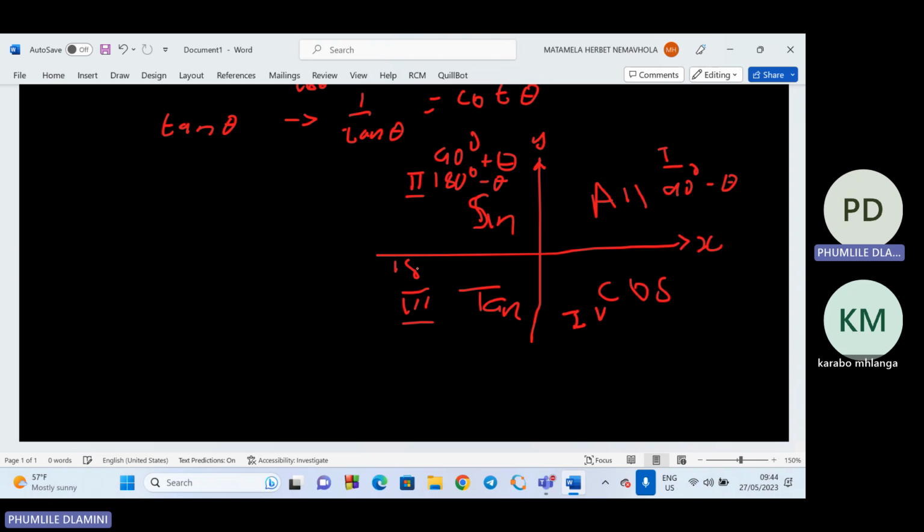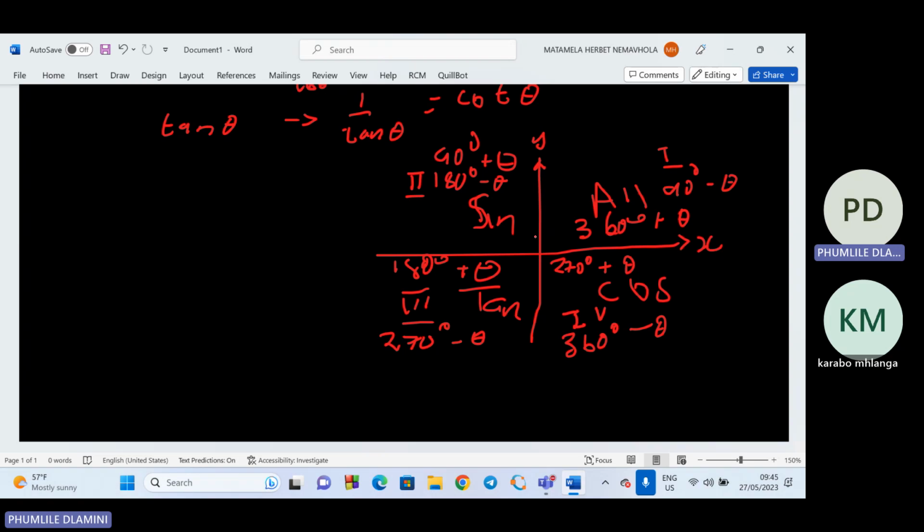But 180 degrees plus theta is in the third quadrant. And 270 degrees minus theta is in the third quadrant, and 270 degrees plus theta is in the fourth quadrant. And 360 degrees minus theta is also in the fourth quadrant, which tells us that 360 degrees plus theta is in the first quadrant.